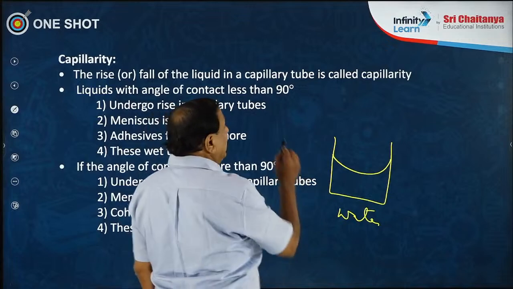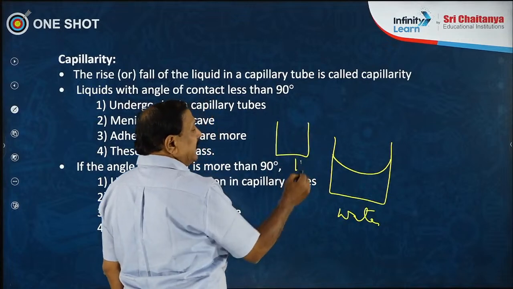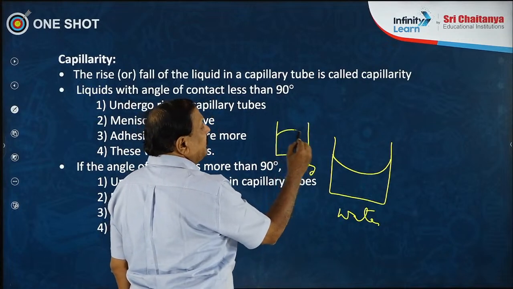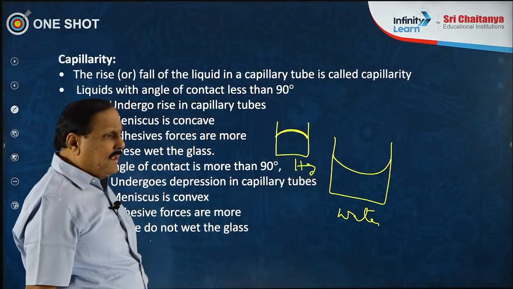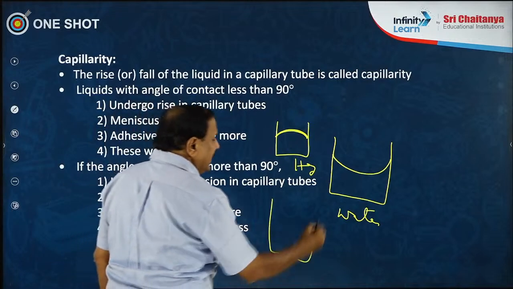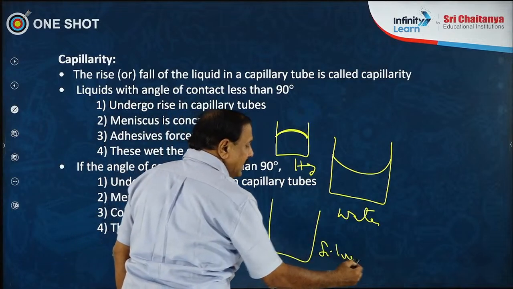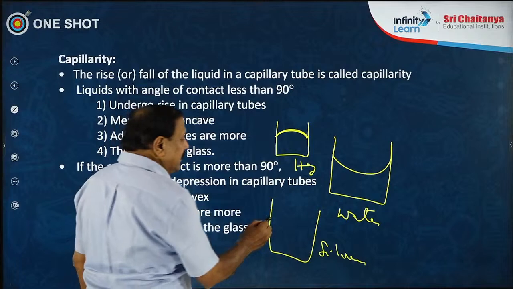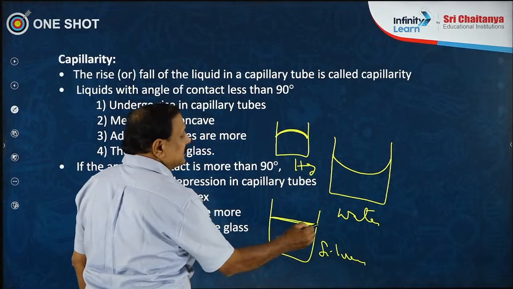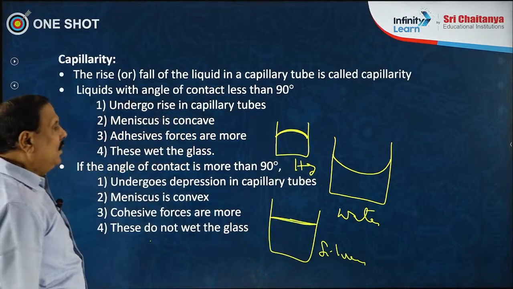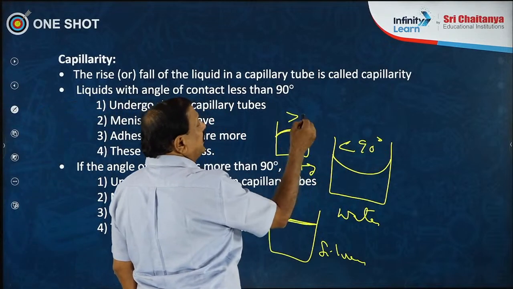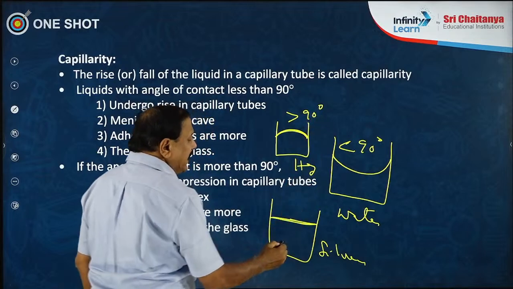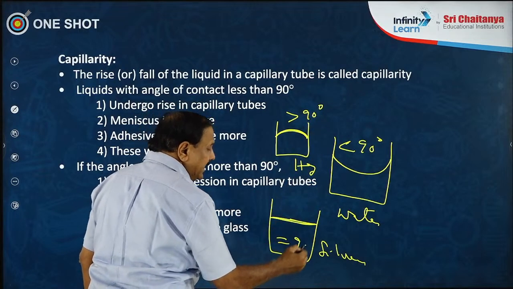If we consider mercury in a beaker, the surface or meniscus will be convex. As I told earlier, if you take a silver vessel and pour pure water, the surface will be straight like this, straight or plane. So, here the angle of contact is less than 90 degrees, here the angle of contact is greater than 90 degrees, here the angle of contact is equal to 90 degrees.